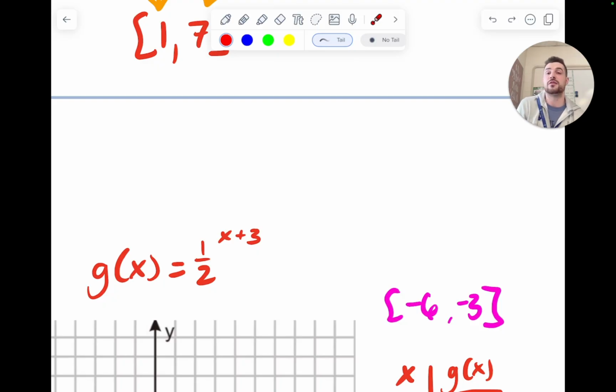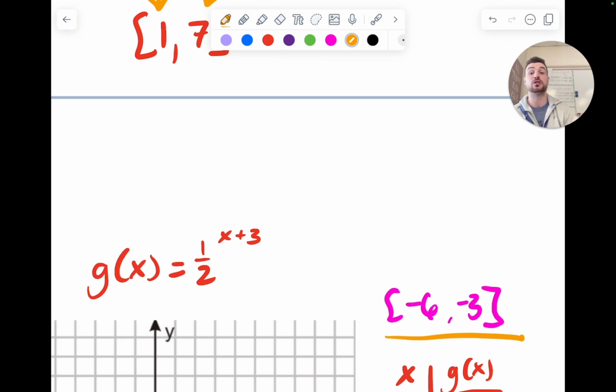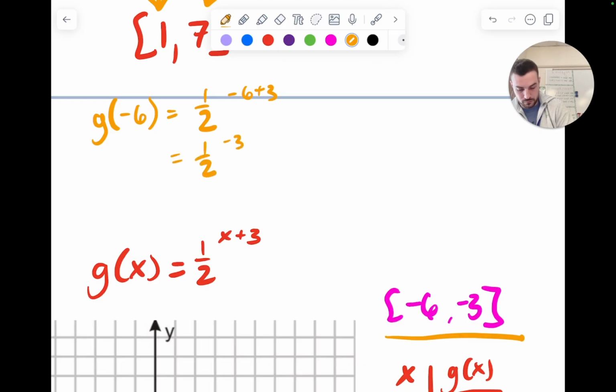Remember, average rate of change is essentially just slope between any 2 points. Well, I need points to calculate the slope. So if I've got my input values here, all I have to do is plug them in one at a time to get their corresponding y values. So if I'm going to plug in -6, when I plug in -6, I get out 8.